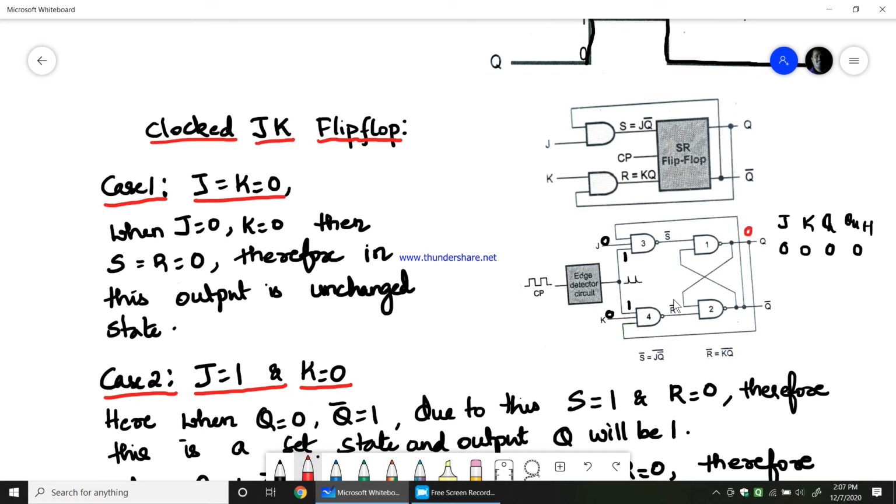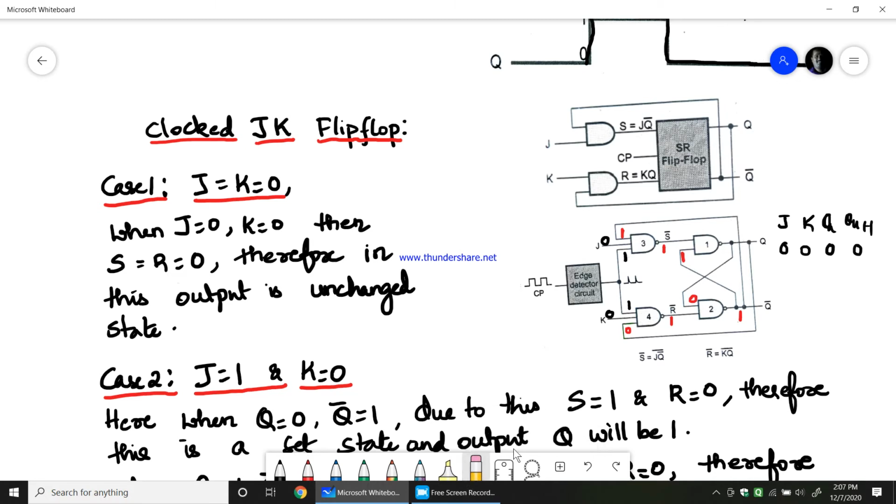So this 0 is given to this, and this 0 is given to this also. So 1 and 0 will give you 1, and this 1 is given to this and this. Again the NAND gate output will be 1, and 1 ANDed with 1 will give you 0.